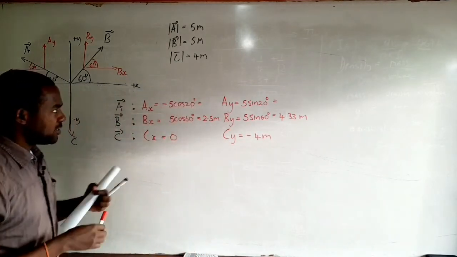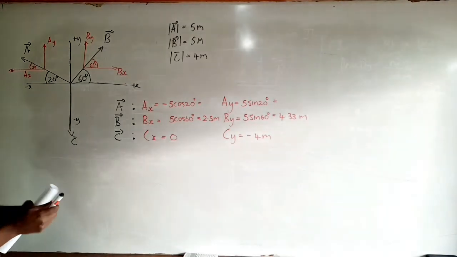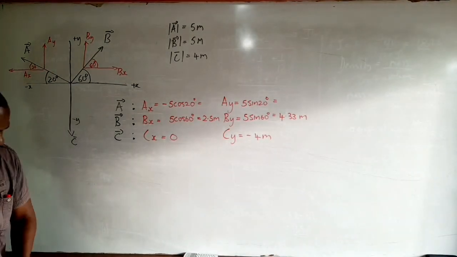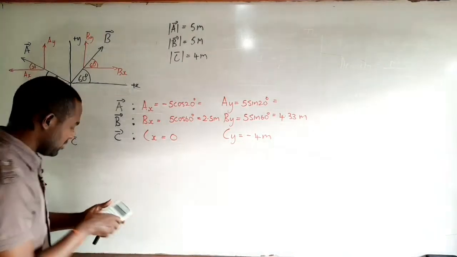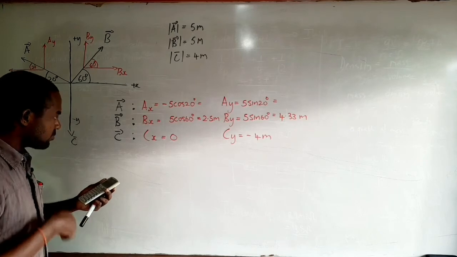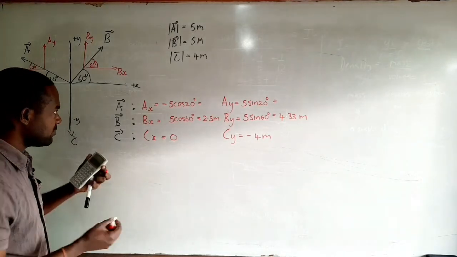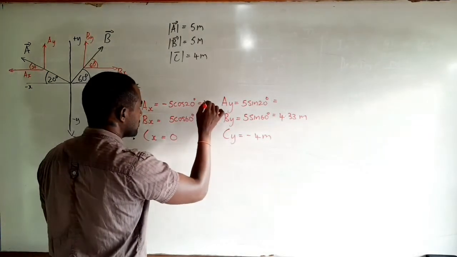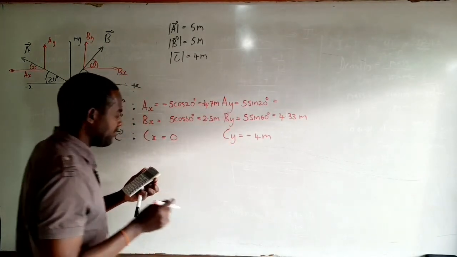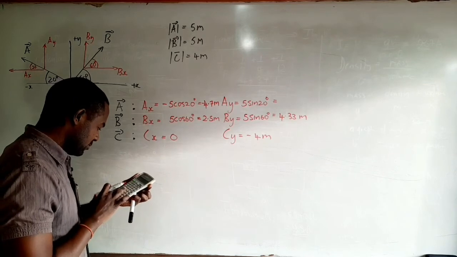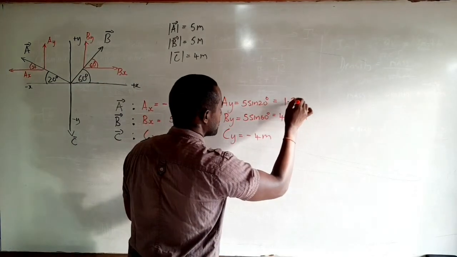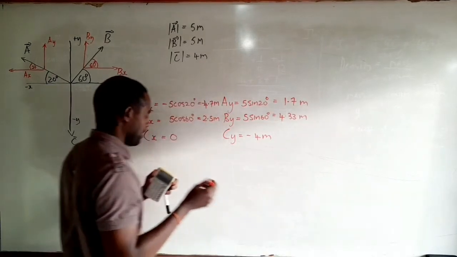Alright, so let's jot down the values of these missing components. So 5 cos 20, so minus 4.7 meters, and 5 sine 20, 1.7 meters.